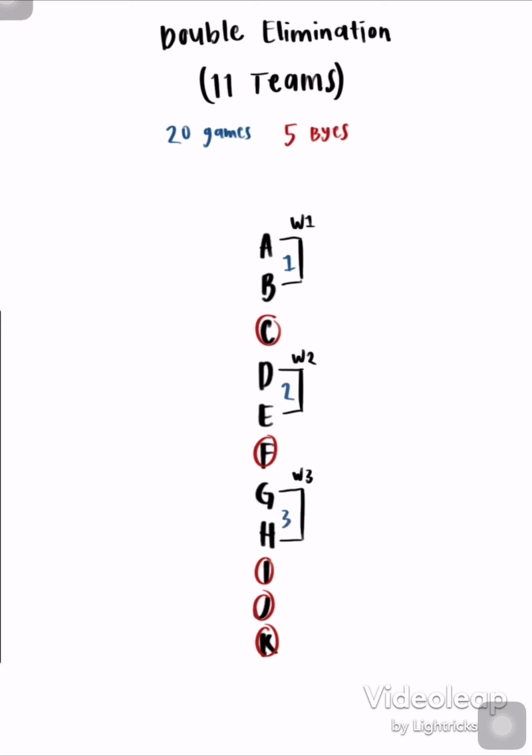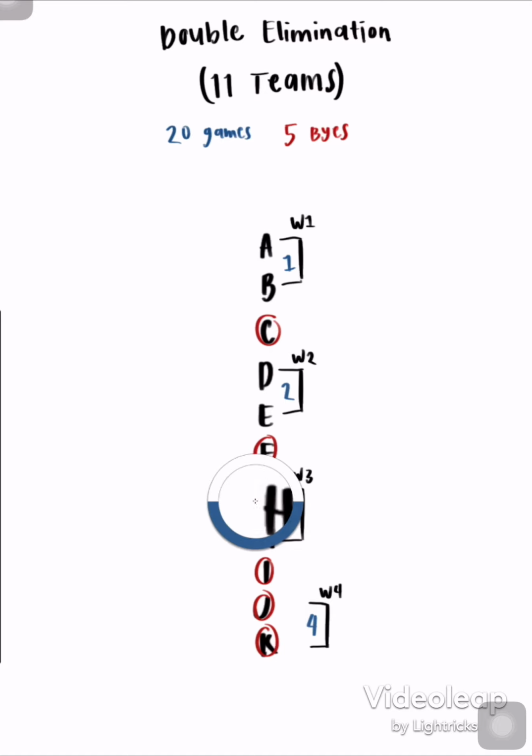Now that we are done with the first round, we can go to the second round and start with the byes. So we can start here at the end. Let's go for J and K first. There's J and K. Then there's going to be a winner again, and this is game 4.